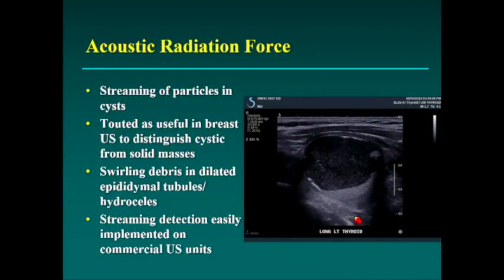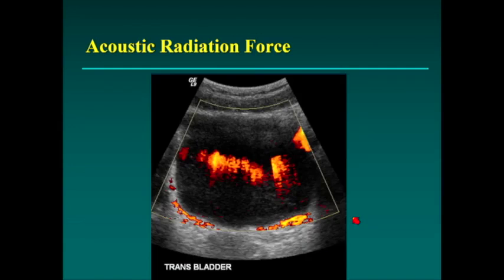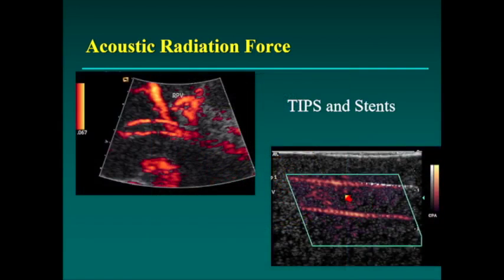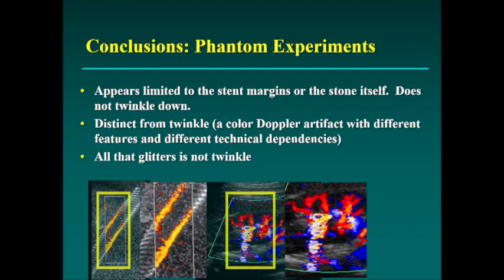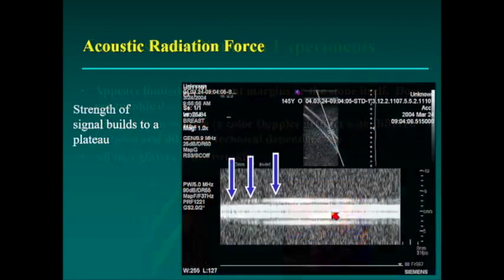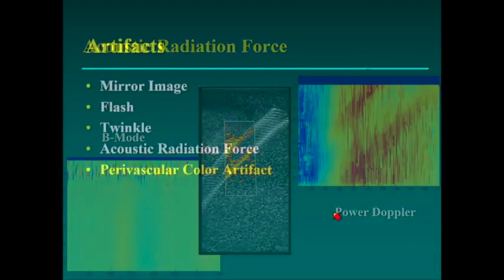I will just talk a little bit about radiation force in relation to some tips. Some shunts, you can get movement of the shunt caused by the pushing pulse of the Doppler, and you'll get some artifactual flow around the edges of stents. Here's one. And so this is due to the force of the sound beam itself, which is, of course, a pressure wave. All right.